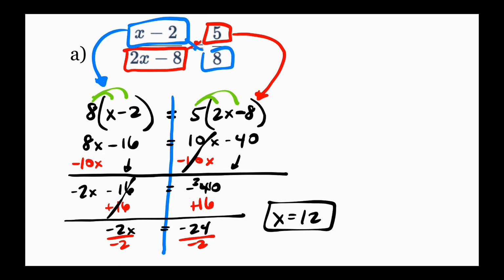So if I plug in 12 here, I get 24 minus 8, which is 16, right? That's not 0. So I didn't get 0 anywhere. So it's an okay answer.